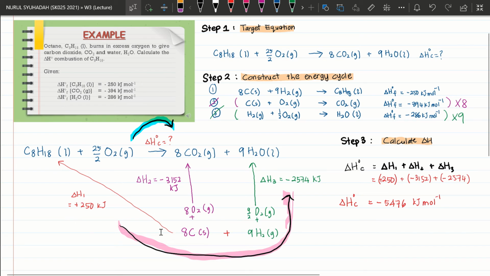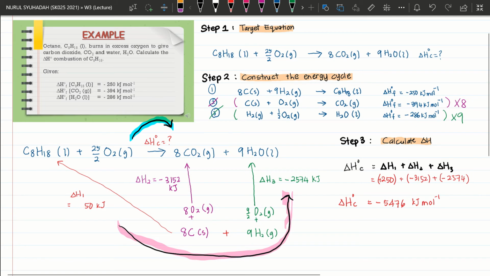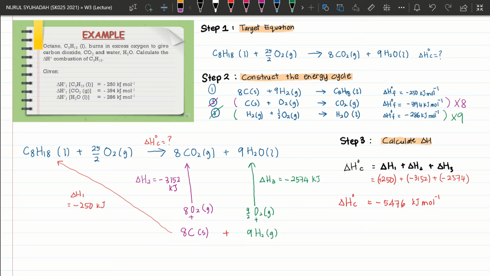So if the arrow is going upwards, the value of delta H1 here will be negative 250. If I choose for the arrow to go upwards, what you can see here is the arrow will be different. What do I mean by that?